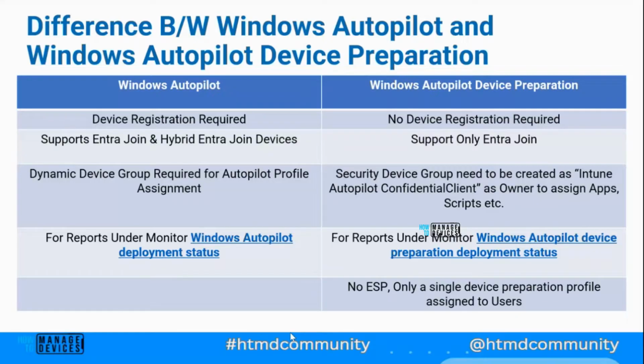Again, for reporting under monitoring, in the traditional method we have the Windows Autopilot deployment status, and in the new method we fetch the report on the same node, but the report will be the Windows Autopilot device preparation deployment status report. So the node is the same, only the report is different.